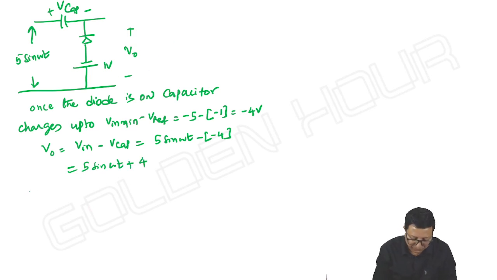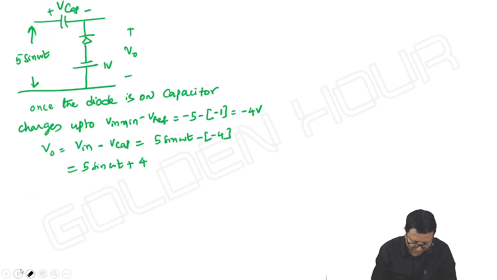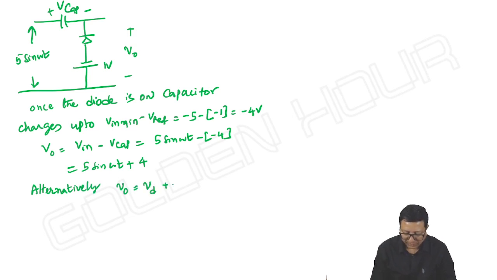Or alternatively, V output is equal to Vd plus V reference. What is our Vd?